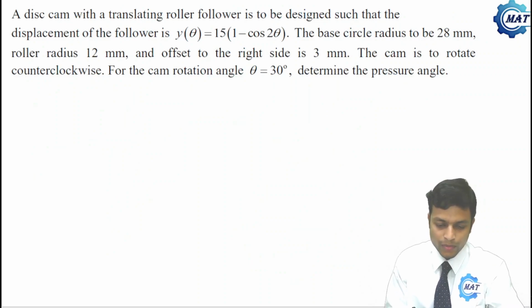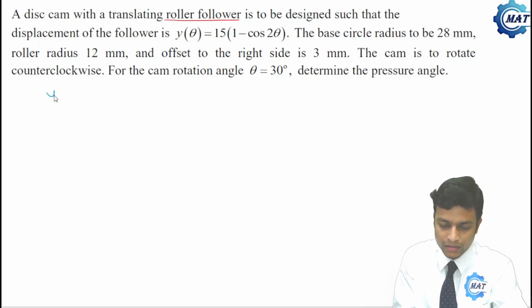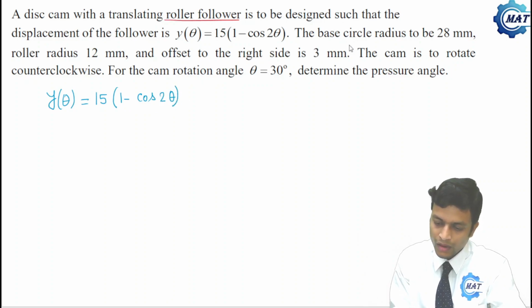Now let us solve a problem. A disk cam with translating roller follower is to be designed such that the displacement of the follower, y of theta, is prescribed as 15 times (1 minus cos 2 theta). The base circle radius Rb is 28 mm.